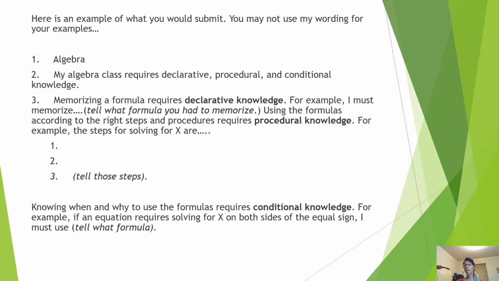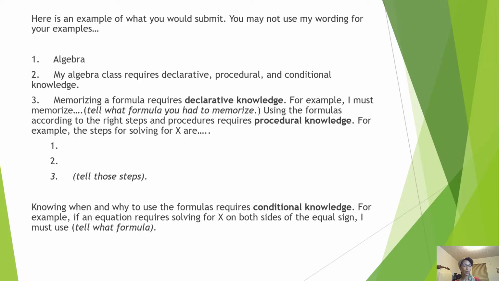Now on number 3, I'm going to demonstrate how my class requires those knowledges. So here's an example for that. Memorizing a formula requires declarative knowledge. For example, I must memorize, and then you tell what the formula is that you've had to memorize. Using the formulas according to the right steps and procedures requires procedural knowledge.